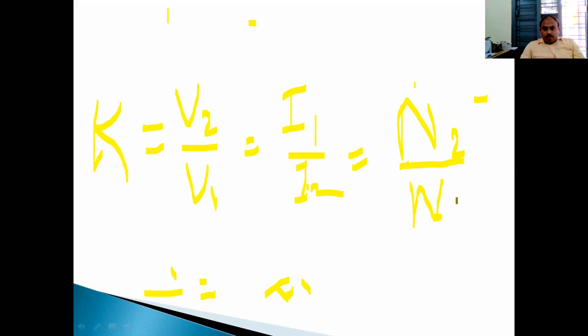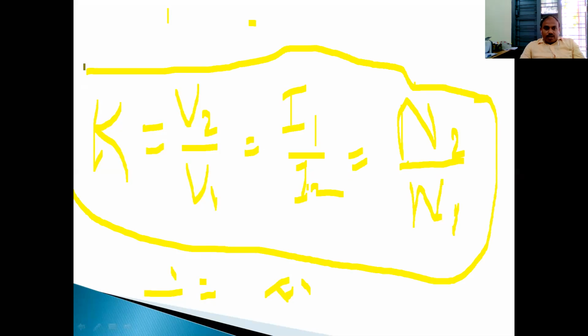This is the transformation ratio of the transformer. Depending upon this relation, the problems are solved.